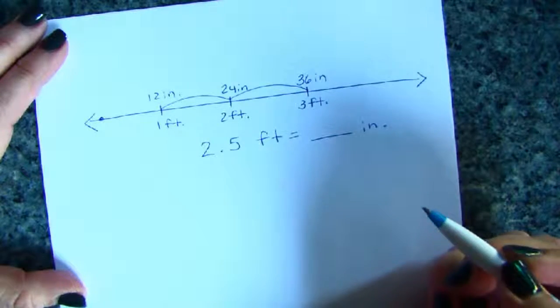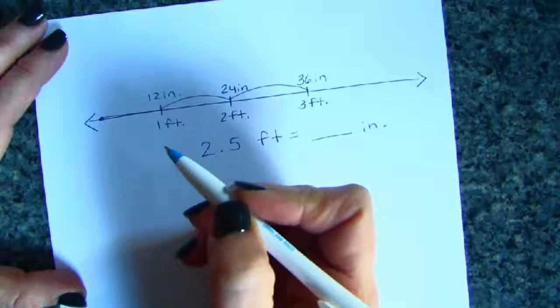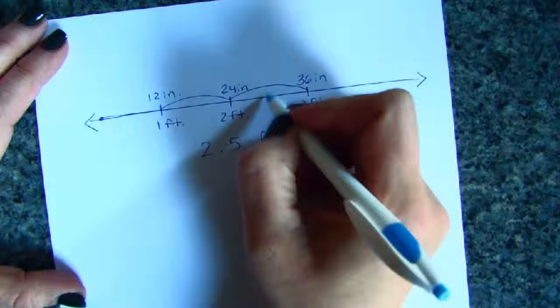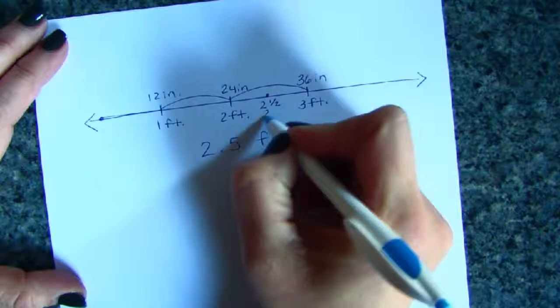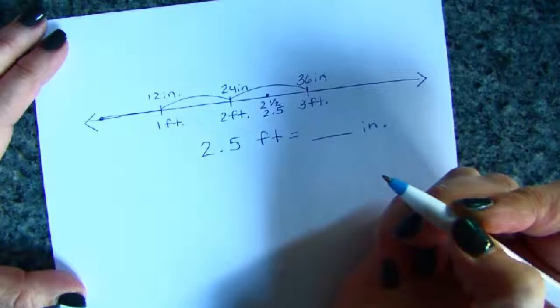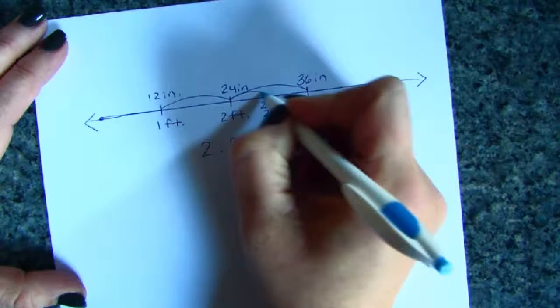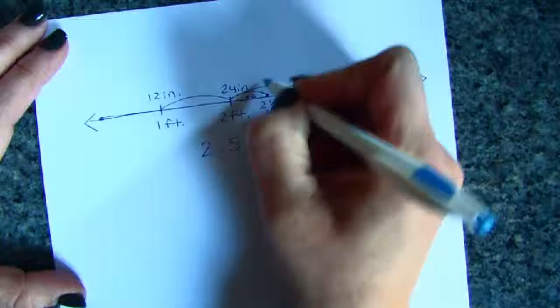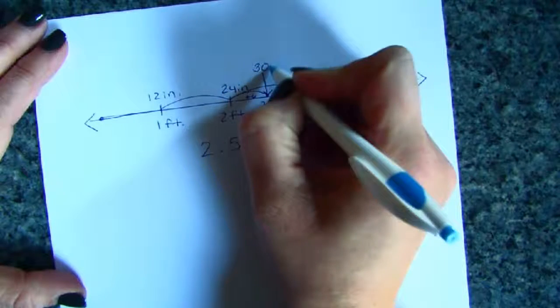And if we know our unit was 12 inches, what is half of 12 inches? That would be 6 inches. So that would be 2.5 feet, 2 5/10 of a foot. And so that would be 24 plus 6 inches would get us to this spot right here, which would be 30 inches.